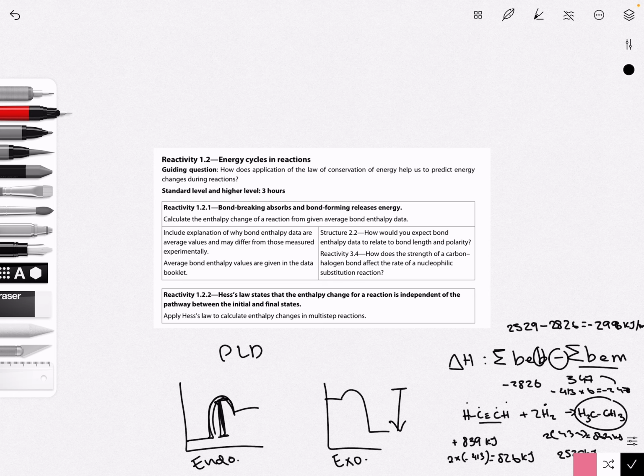If you are to calculate the bond enthalpy of a multi-step reaction, as it is stated here that you may have to be able to work with, the overall bond enthalpy of a multi-stage reaction is simply a sum of all of the bonds broken subtracted by all of the bonds which are made in this multi-stage reaction.